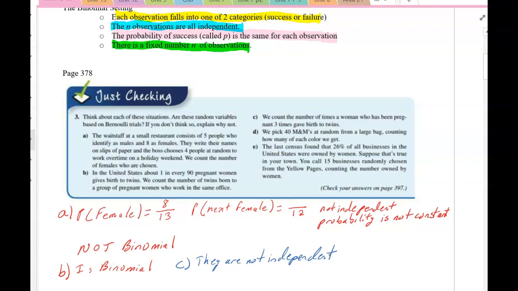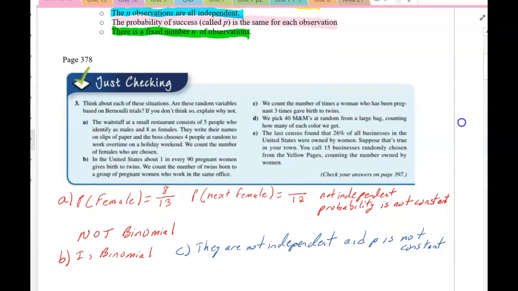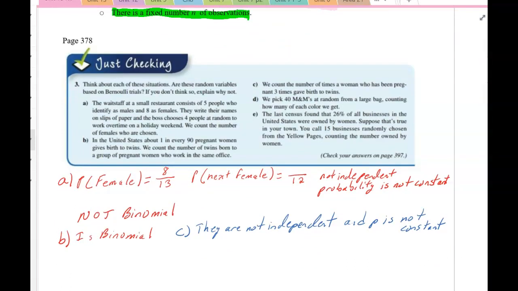So if my wife gave birth to twins, the next time she was pregnant, the probability that she gives birth to twins is higher. So they're not independent, and the probability of success changes. So P is not constant. And that one you needed some medical information to be able to answer.